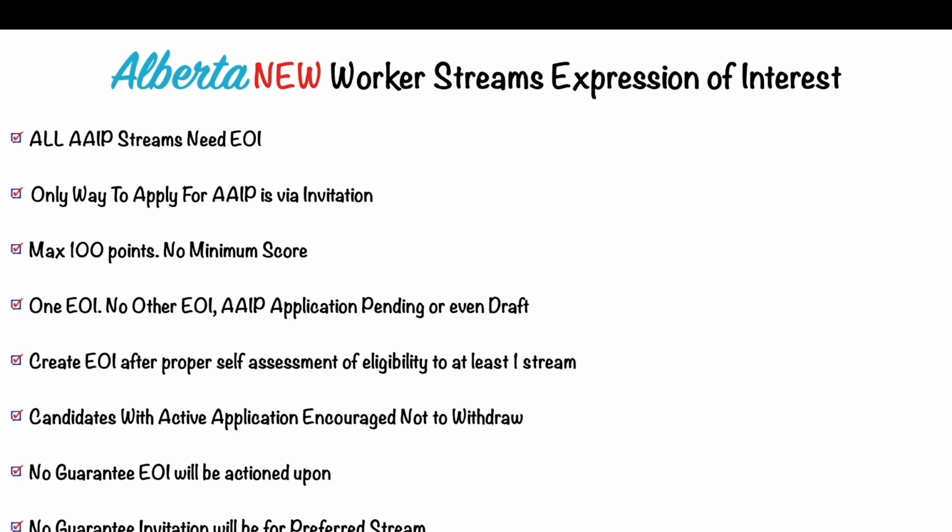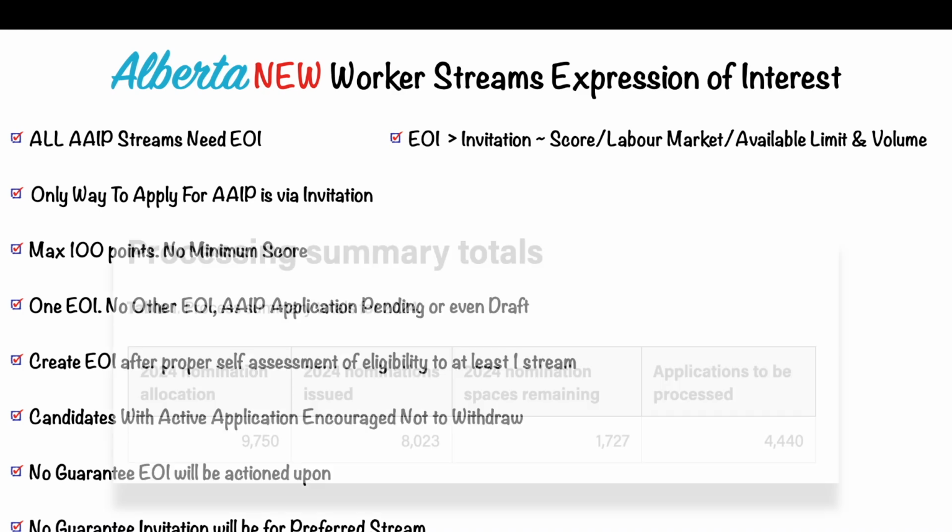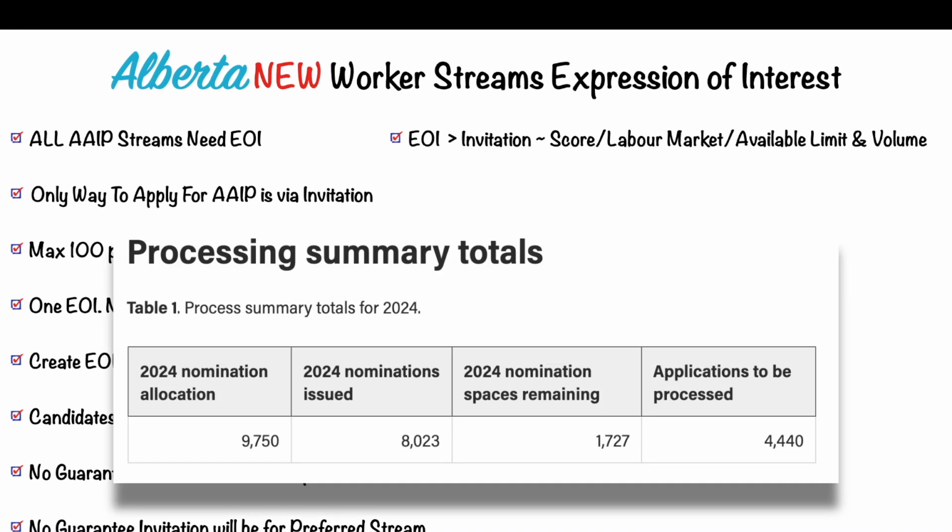Okay, so if we continue the discussion, expression of interest will result in an invitation, and this decision would be taken based on various different factors. Score is one of the factors. Right now, you can score between 0 and 100, along with the labor market conditions, and the available limit and volume. Say for example, if you see this particular photo, you would see that we have a certain number of invitations left for 2024.